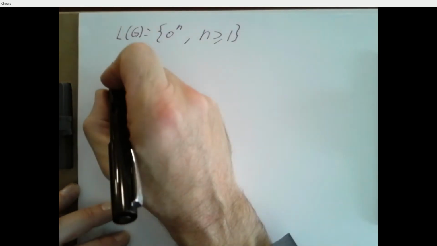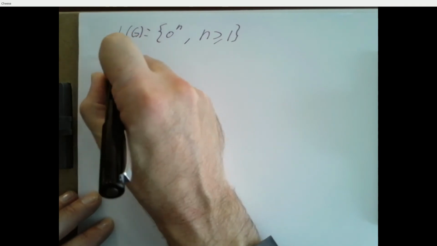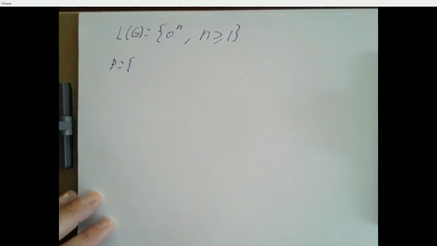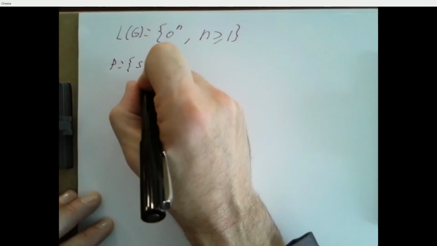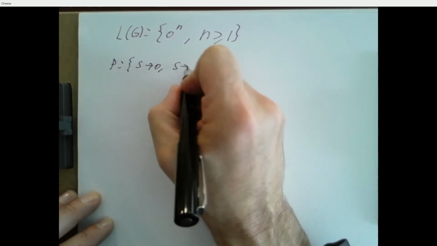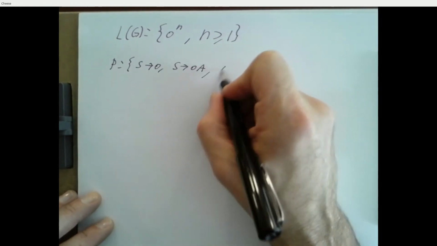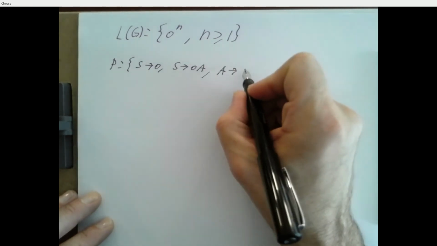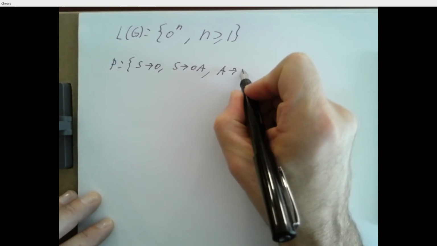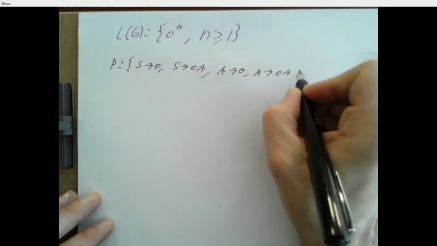All right, so the usual terminals and vocabulary and start symbol, I'm not going to write those, but let's look at our productions. So our start symbol could go to 0, or it could go to 0 followed by an A, and A could be a 0, or A could be a 0 followed by an A.